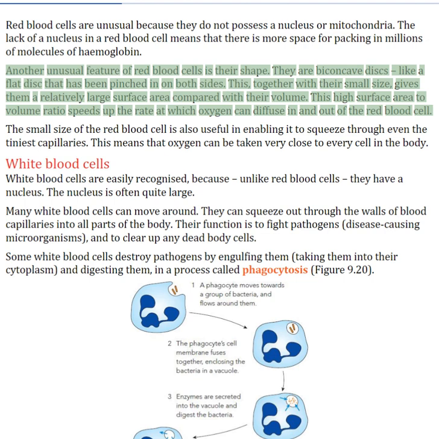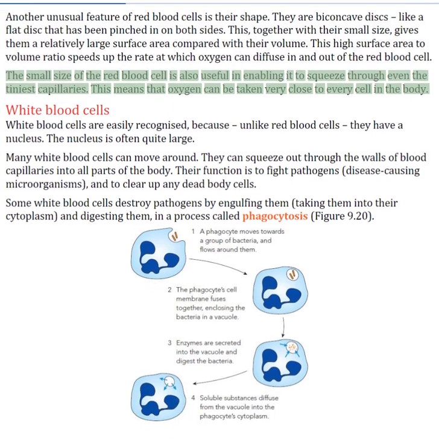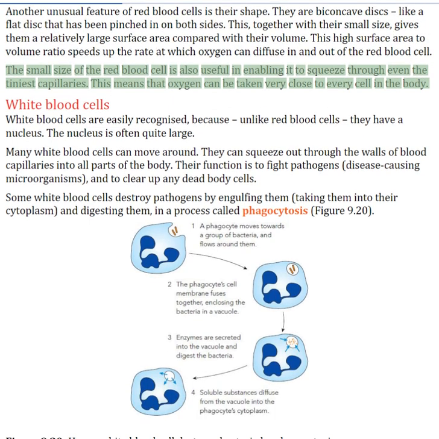This, together with their small size, gives them a relatively large surface area compared with their volume. This high surface area to volume ratio speeds up the rate at which oxygen can diffuse in and out of the red blood cell. The small size of the red blood cell is also useful in enabling it to squeeze through even the tiniest capillaries. This means that oxygen can be taken very close to every cell in the body.